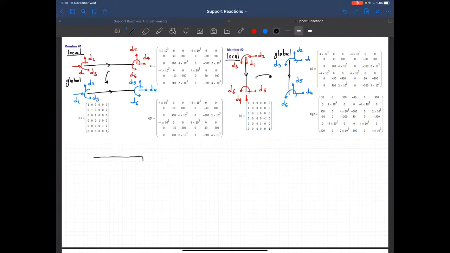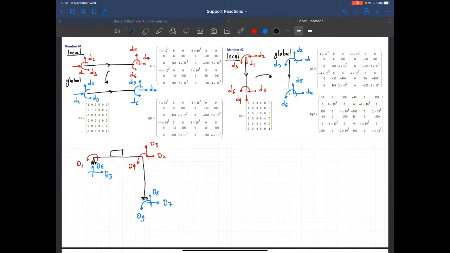Let me redraw the structure here one more time. So my global degrees of freedom, that's D1, D2, D3, D4, D5, D6, D7, D8, and D9.